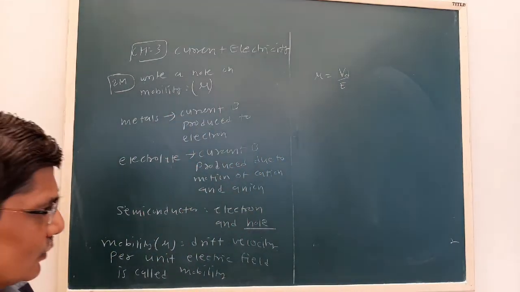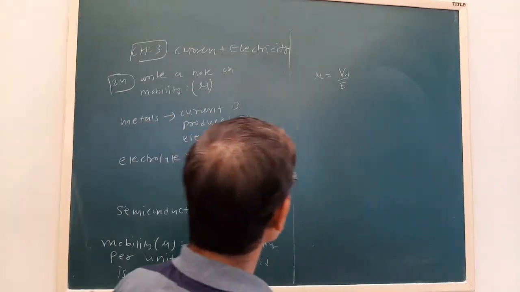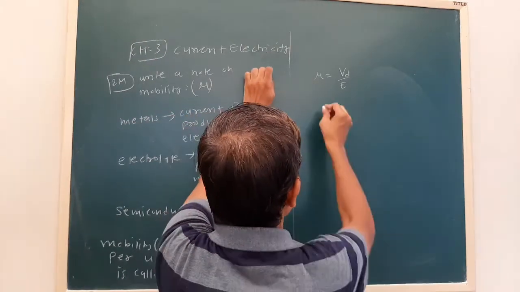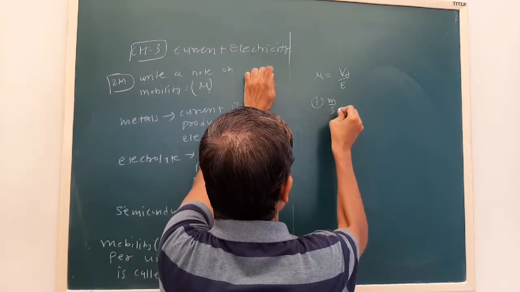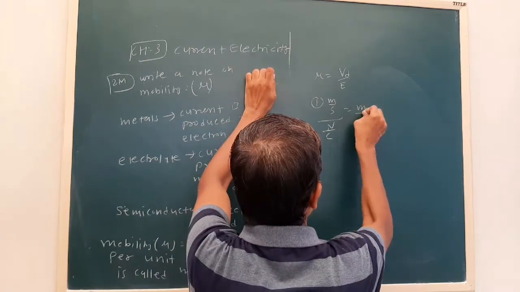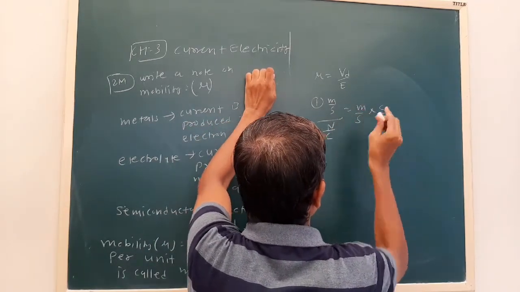Now we write the unit and dimension of the drift mobility. See, the velocity unit is meter per second, the electric field unit is Newton per coulomb. So we can write meter per second into coulomb upon meter.